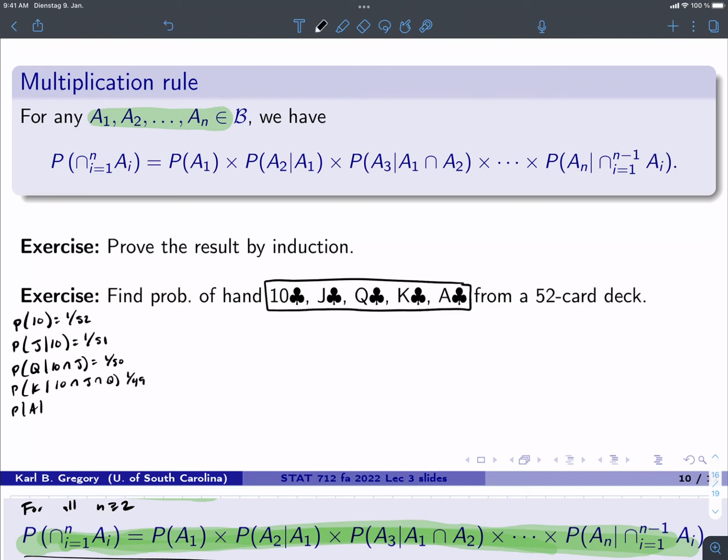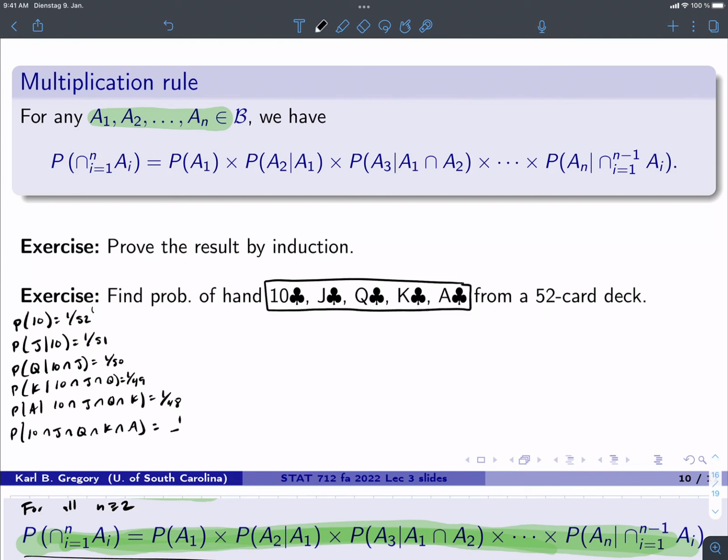And then the probability of the ace, given that you've drawn these other cards, is going to be 1 out of 48. And so the probability of drawing them in this order would be the product of these.